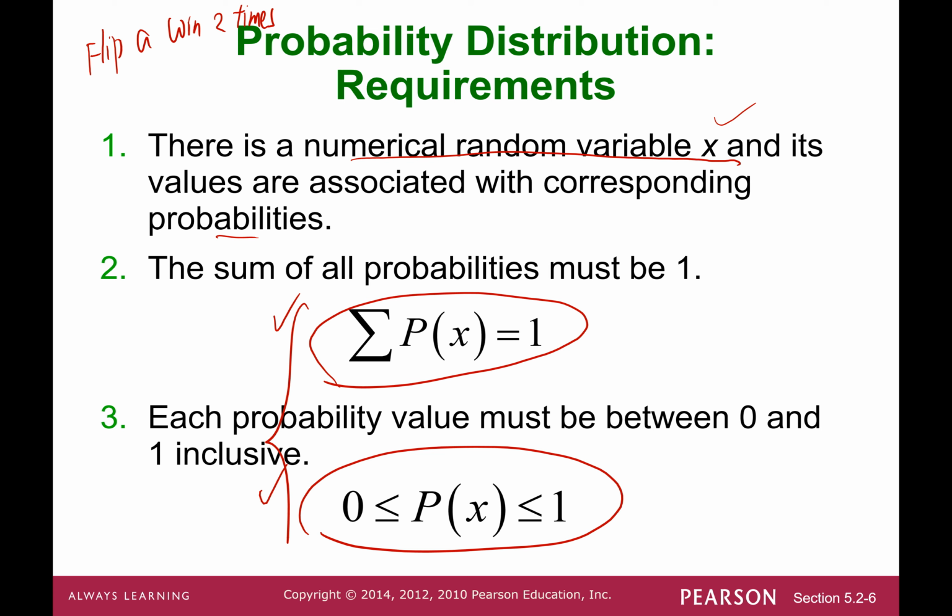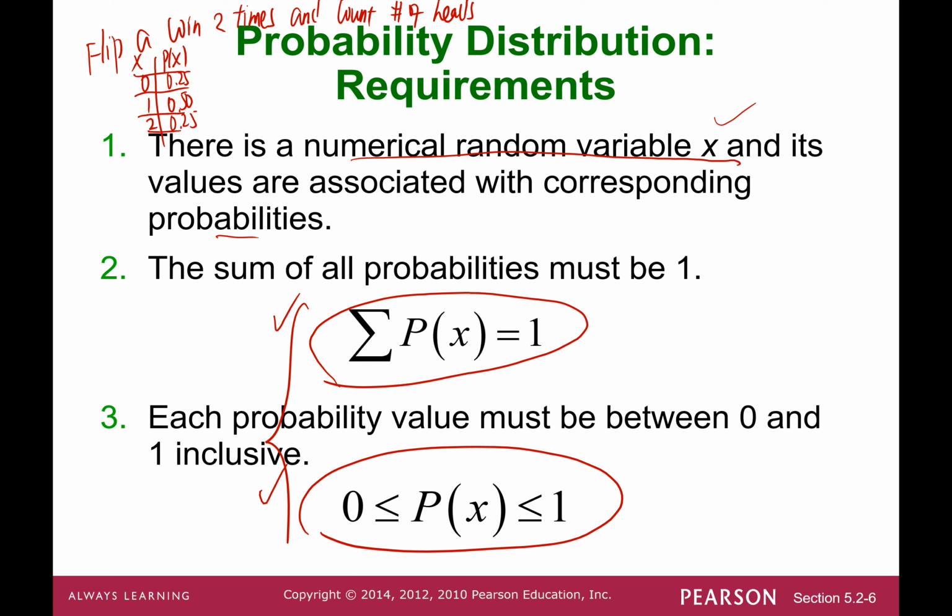If you flip a coin twice, you can list a table like here. We create a table of x and p of x. Here x is the number of heads. We get 0 heads, 1 head, and 2 heads. For 0 heads, 0.25. For 1 head, 0.50, and for 2 heads, 0.25.